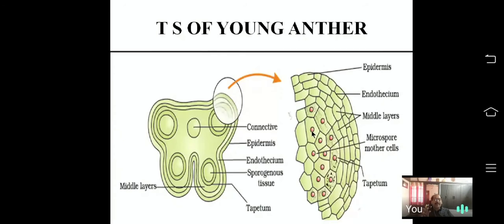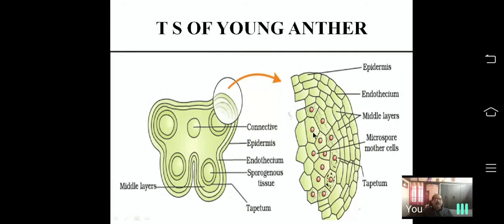After dissociation of the tetrad, four pollen grains separate. So when the anther completely matures, these layers break open and release the pollen grains into the air.